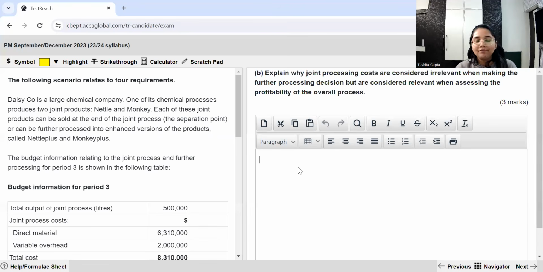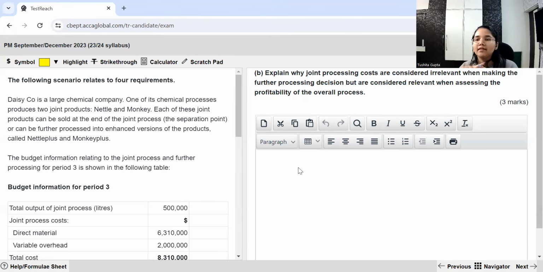So at this point, looking at the profits or losses, we can also decide whether or not we want this process to happen. And if we cancel this process, that means these joint processing costs can also be saved, because the entire process is being cancelled. So that is why, since these costs are not yet incurred, these are considered relevant because these are the costs which determine the overall profitability of the process.